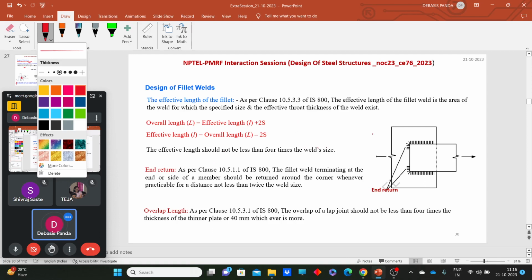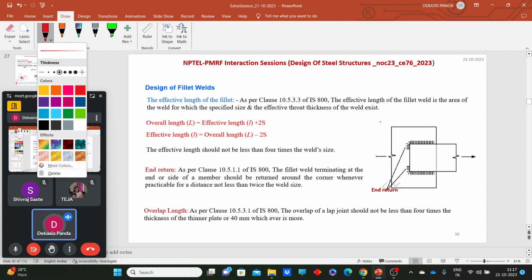What do we know? The effective length is the length up to which we maintain the proper throat thickness. That means we maintain the proper cross-sectional area of the weld up to that portion, so that the desired strength, whatever we have assumed or required for the design purpose, can be achieved through that length.